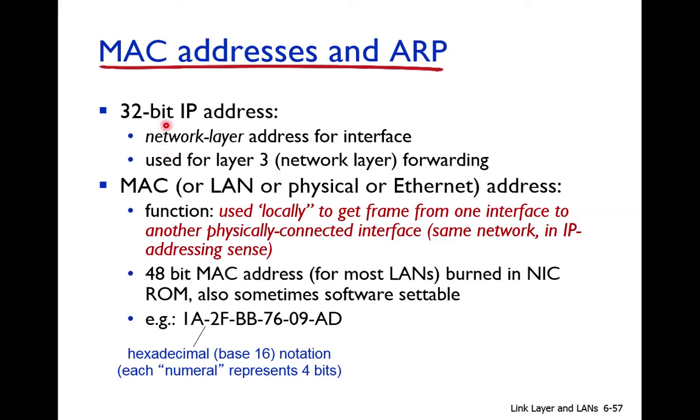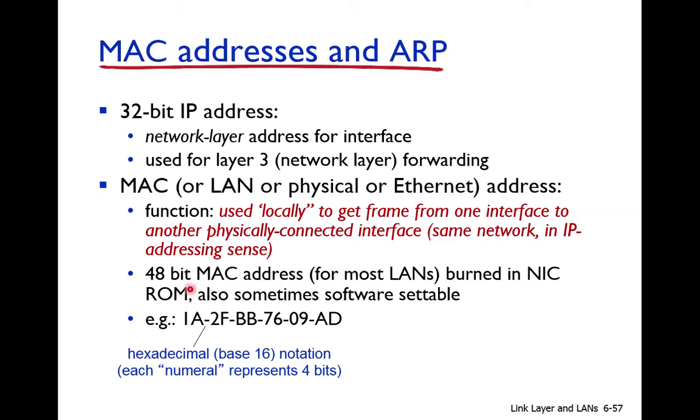The 32-bit IP address was hierarchical: first byte dot second byte dot third byte dot fourth byte. There are two parts of an IP address: network part and host part. We have discussed it thoroughly. The MAC address is 48-bit, and this is often burned in the NIC ROM.